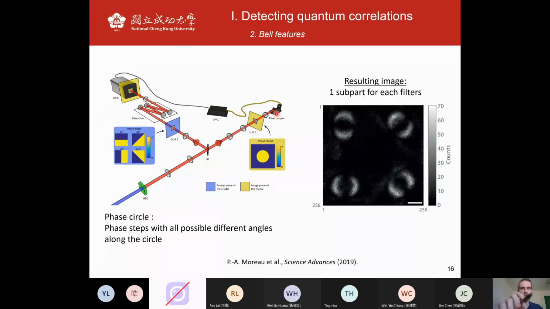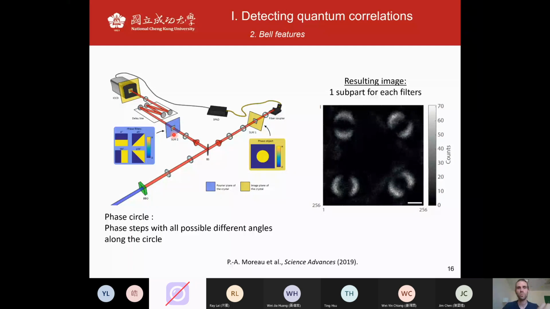I'm not going to go into too much detail because I don't have the time for this. But what we use here is the same state. We've got the two beams that contain the two entangled photons. And what we have here are SLMs, spatial light modulators. You can really understand those SLMs as programmable holograms.